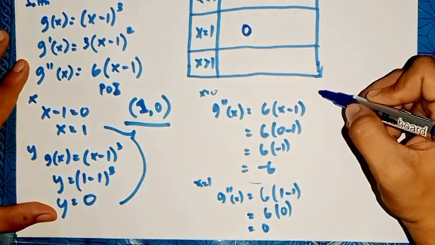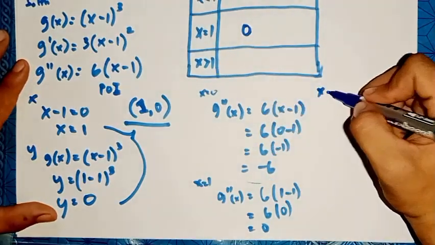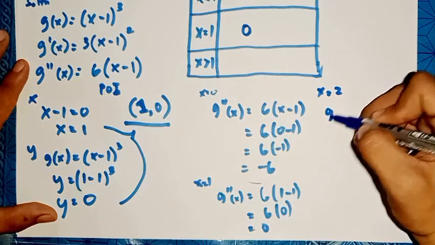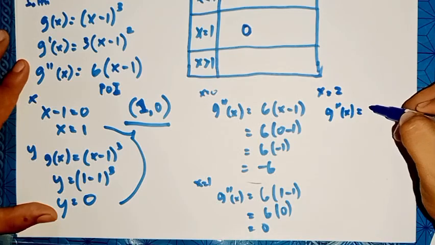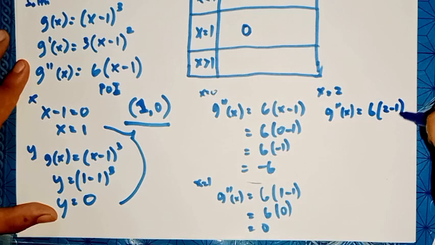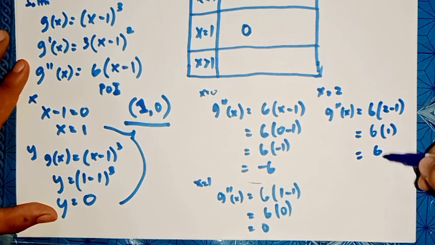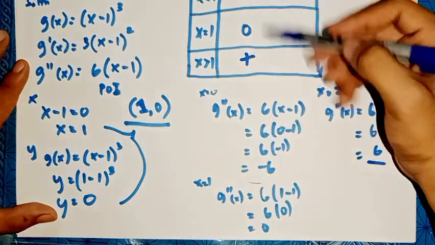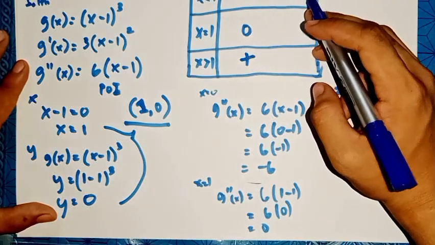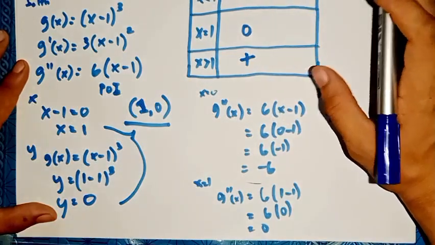Now, if x is greater than 1, let's have 2. G''(x) is equal to 6(2 minus 1). We have 6 times 1, 6. Therefore, it is positive. Through this, we can determine when the graph is concave upward and when it is concave downward.